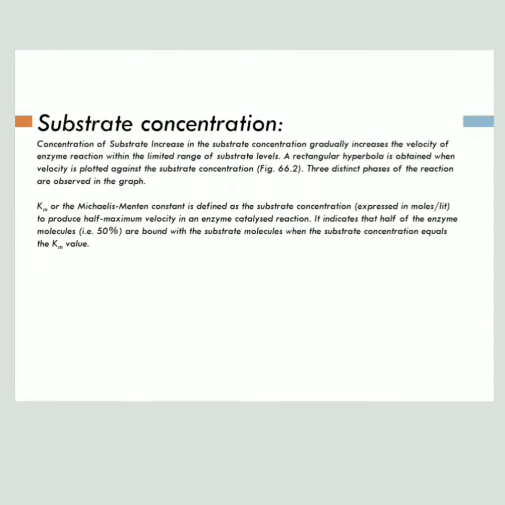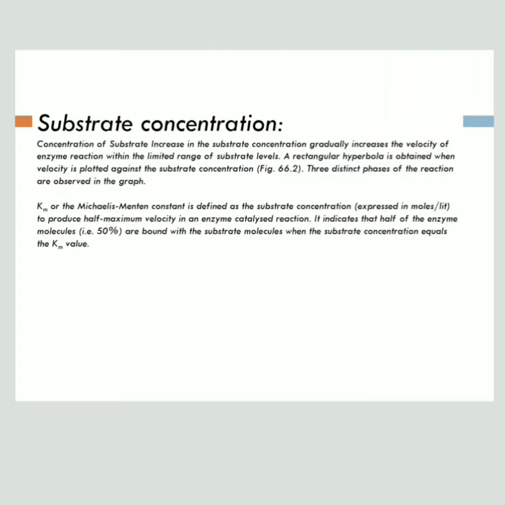Next is substrate concentration. Increase in the substrate concentration gradually increases the velocity of the enzyme reaction. Actually, this is at a limited range of the substrate. So we will get a rectangular hyperbola if we plot a graph against the substrate concentration.